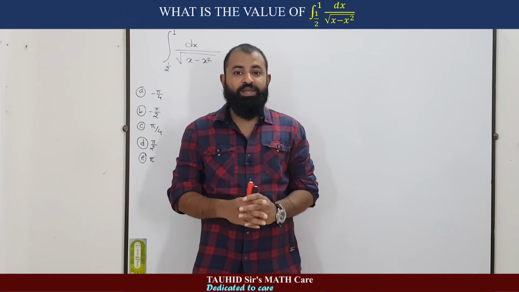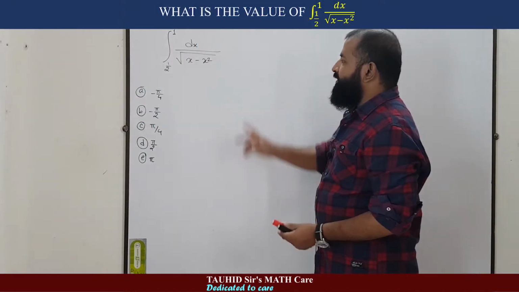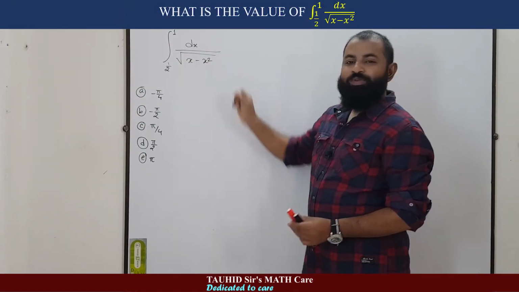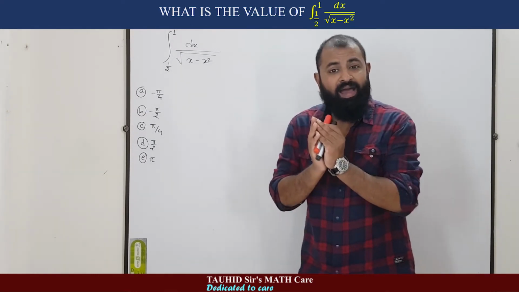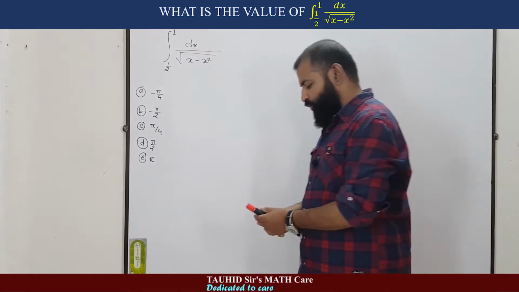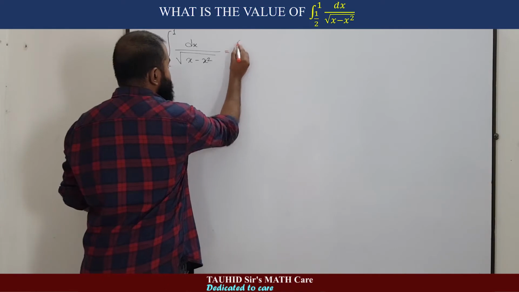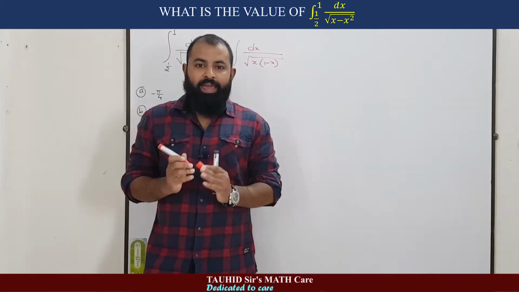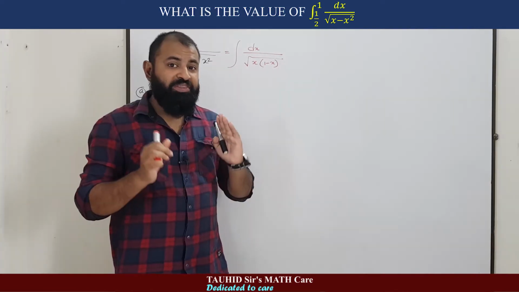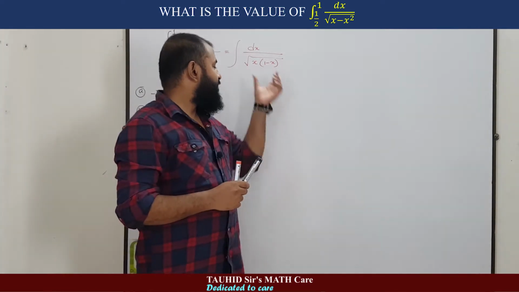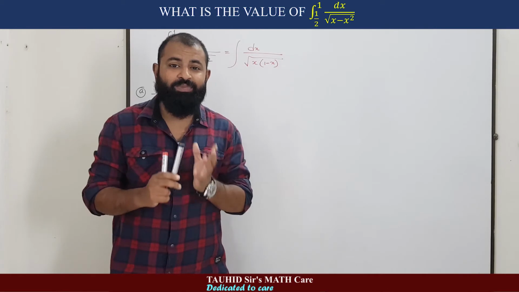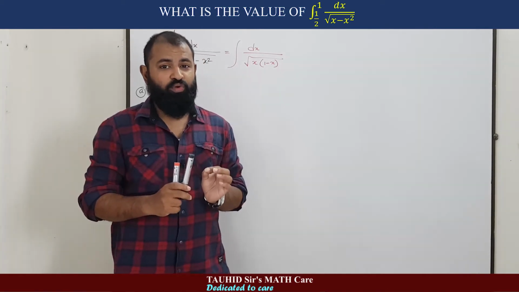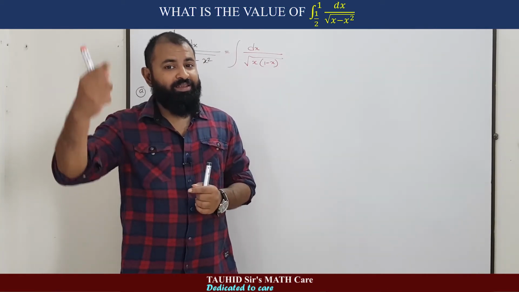This question is a pretty easy question, and you need to assume something to be something, and how to define that, you know the rule. At first we will simplify this like this, and you know that for this type of case where inside root there is something complicated, we need to find something like 1 minus sine square.